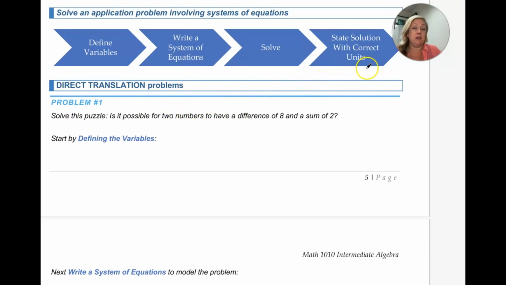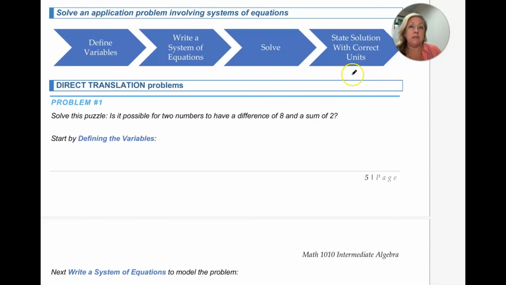Right? And then you always want to make sure at the end, after you solve it, you state your solution with correct units. And after you put those units on, take a look at your answers and make sure they make sense for what it is you're talking about in this problem.